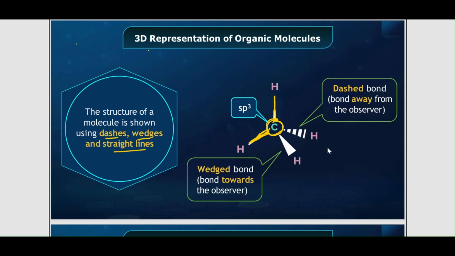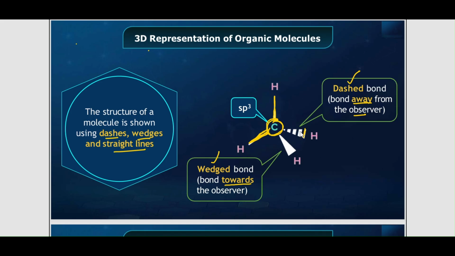So this out of the plane or inside of the plane is given based on the observer. The observer uses some representations as wedge and dash. What is very close to the observer is known as a wedge, and what is very far away from the observer is denoted by a dash.